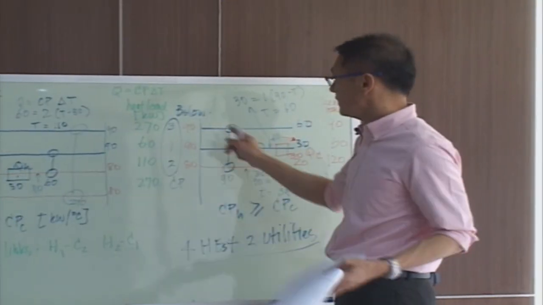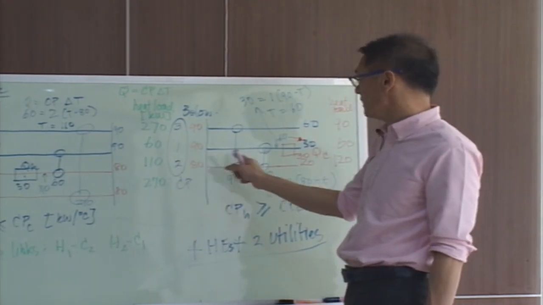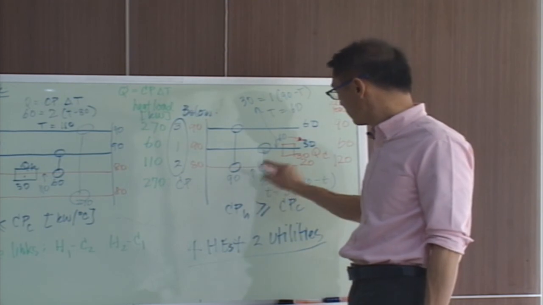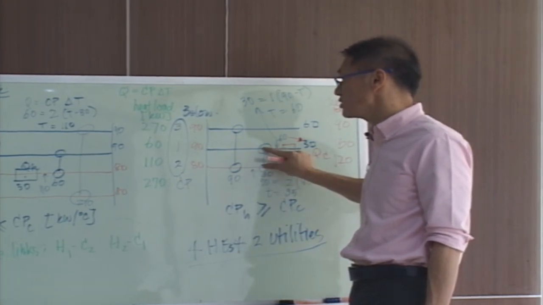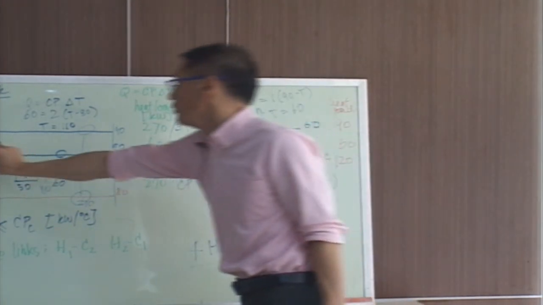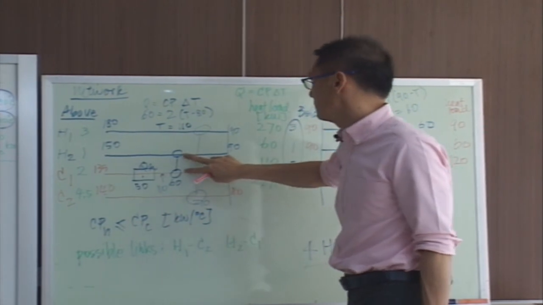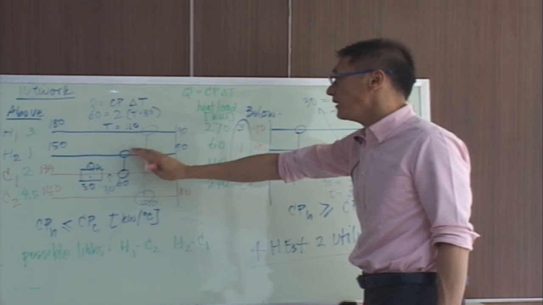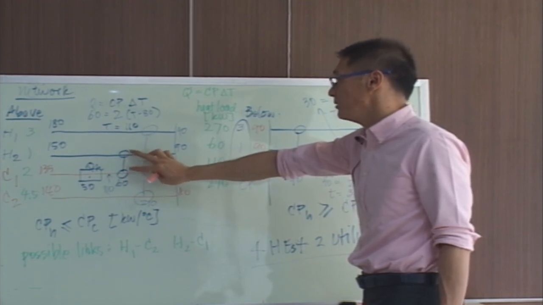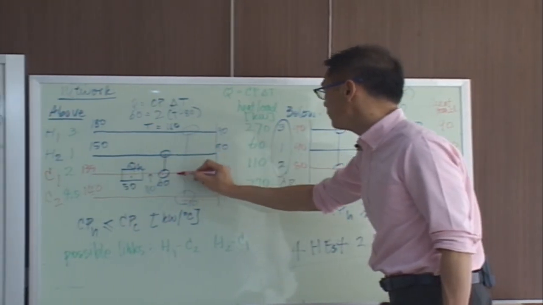If you go back to this diagram, do you have the loop here? Yes. Look at this. The connection between H2 and C1, there are two heat exchangers that connect between these 2 streams. And of course, this is what we call a loop.